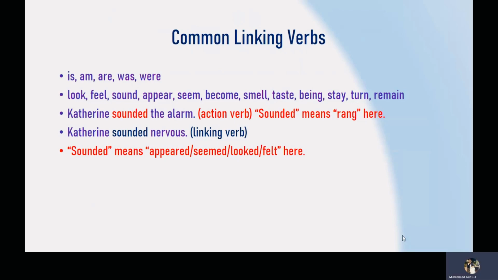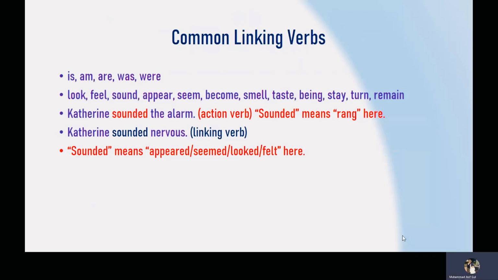Just see these sentences a bit attentively. Catherine sounded the alarm. In the next sentence, Catherine sounded nervous. Now we have one verb, sounded. But in the first sentence, it is an action verb. Catherine sounded the alarm is a sentence of formula 2, pattern 2, because sounded is an action here.